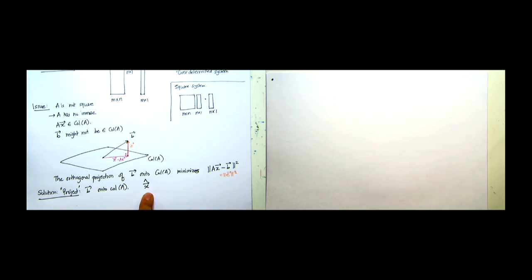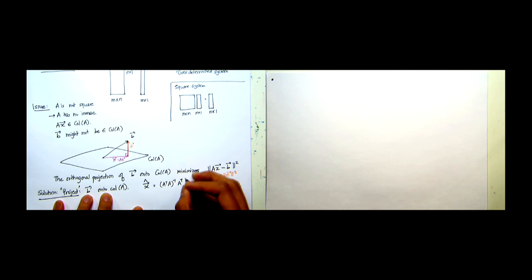It's like vector x with a little hat on top of it, to say that this is our best estimate for what x should be. This is A transpose A inverse A transpose B. And A x hat, which is what this quantity is, is basically A times x hat. So A times A transpose A inverse A transpose B.